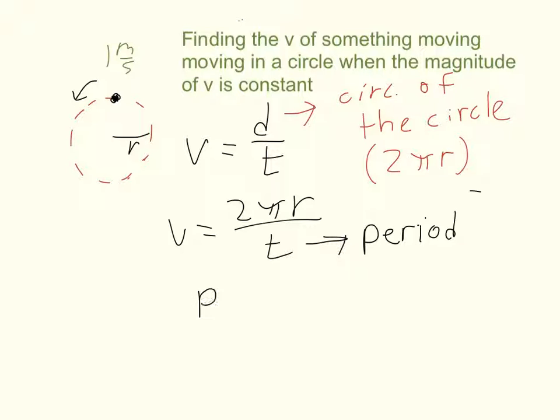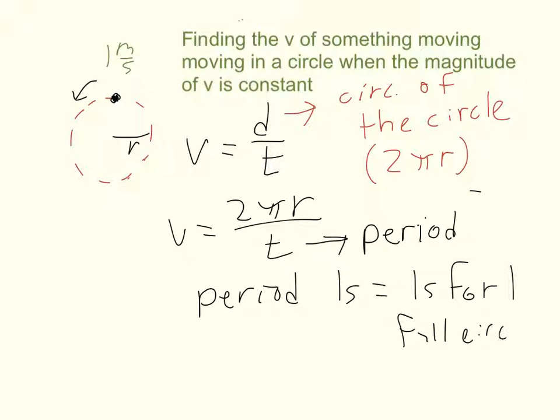So if I wanted to say that the period of this particular circle up here was 1 second, what that means is that it's going to take 1 second for one full circle to be traveled. It'll take 1 second for this object to go around in a complete circle. So just know that a period is just a special type of time it takes to complete one full cycle of motion.